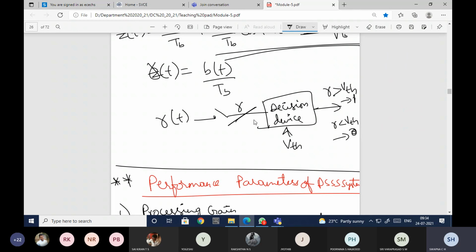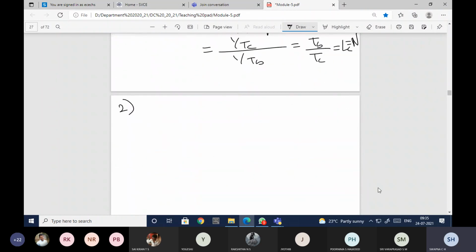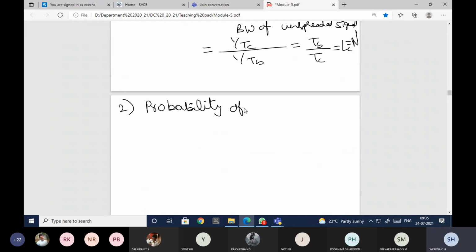There may be some errors happening while making the decision. So we also need the probability of error for DSSS BPSK system.